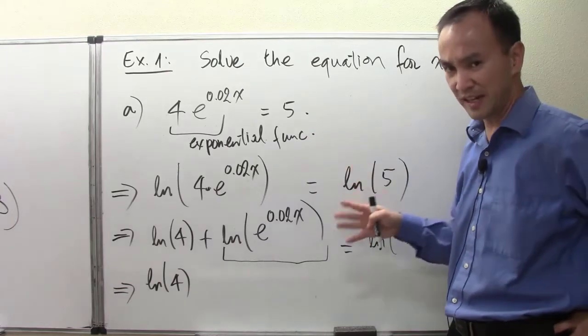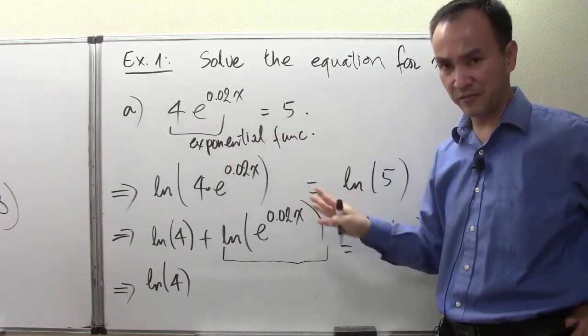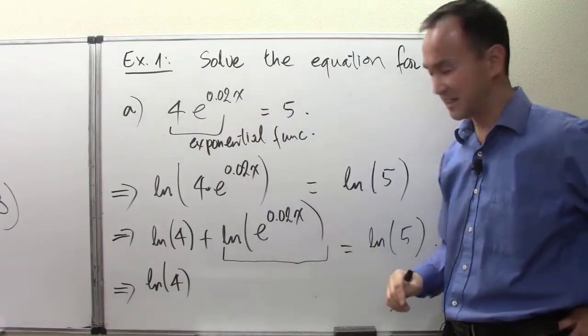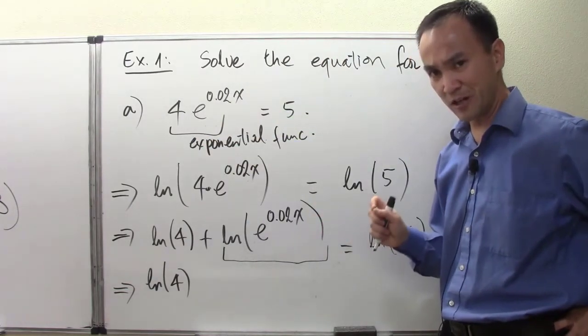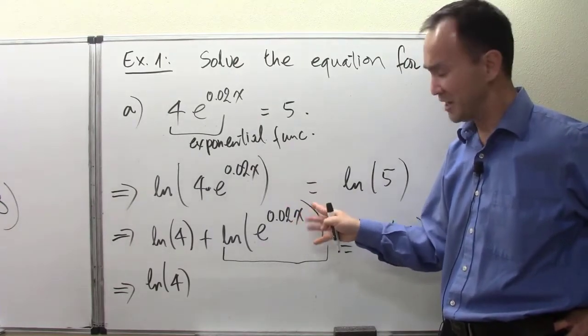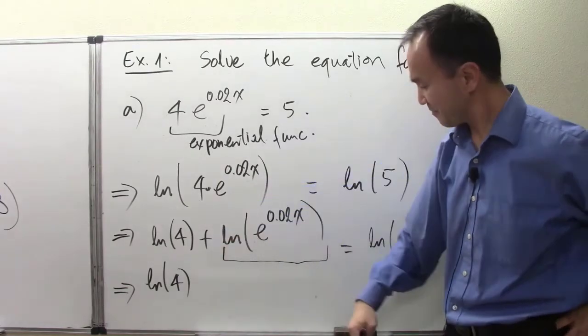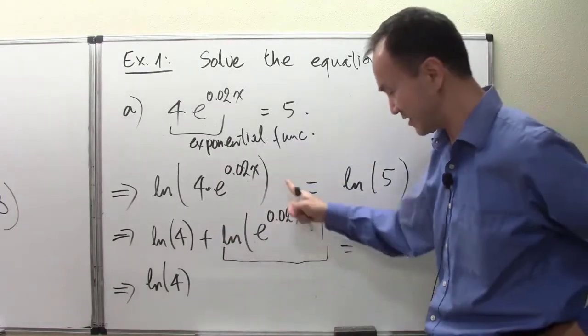I'm assuming that anyone viewing this lesson has already viewed my earlier lecture where I introduced all the properties of log. I call that property number 6, where we can bring an exponent down to the front as a coefficient.